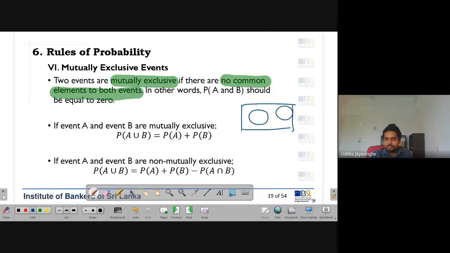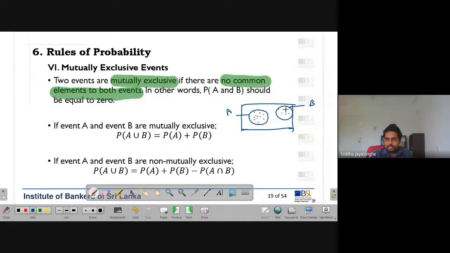It was not a very good explanation when I used it for independence, which has a similar meaning, but area-wise it's very difficult to explain. But for mutually exclusive events, you can easily discuss this with a Venn diagram.